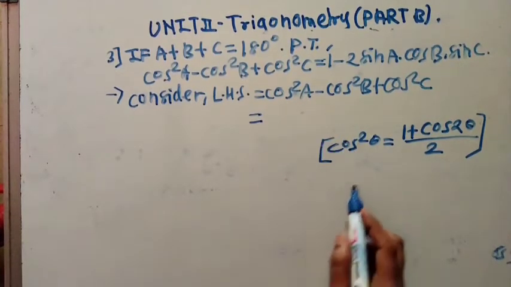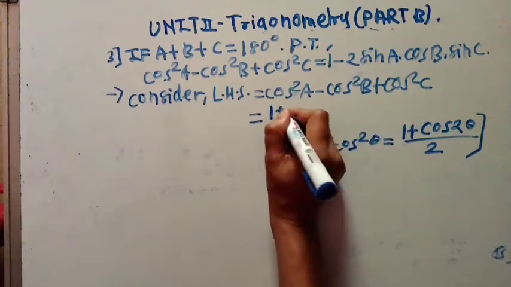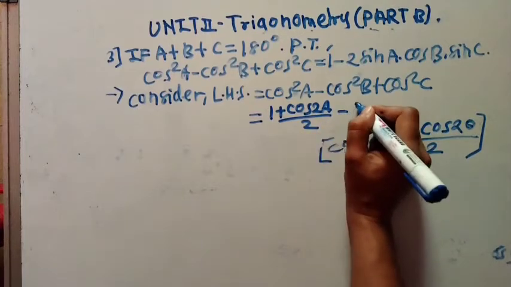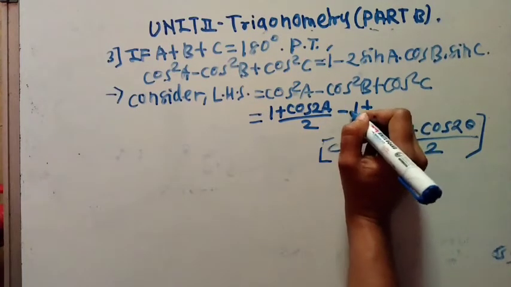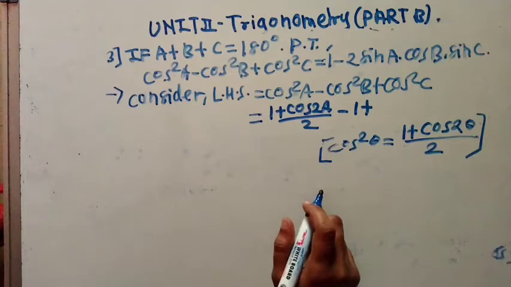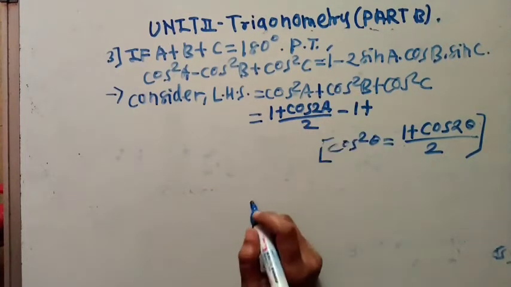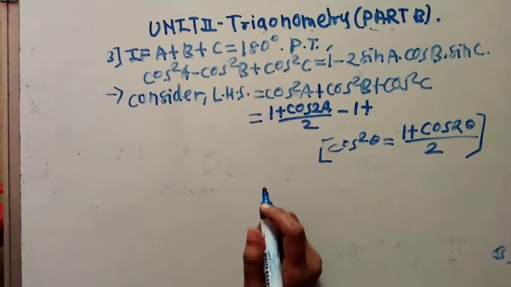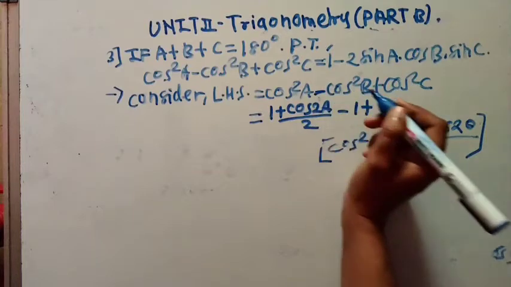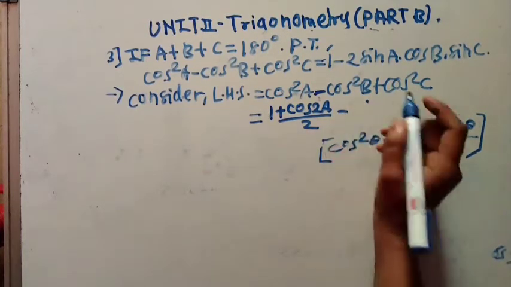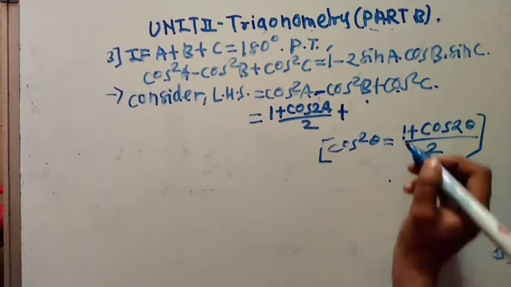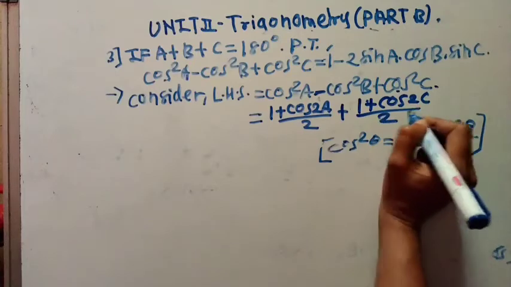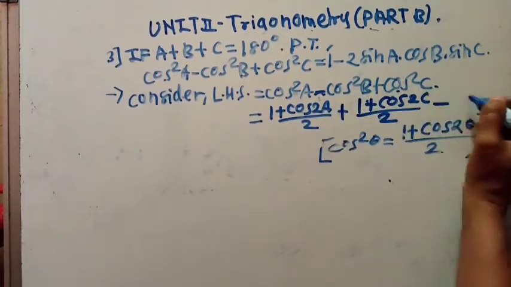Hence cos square A means (1 plus cos 2A) upon 2 minus, plus cos square C means (1 plus cos 2C) upon 2 minus cos square B.